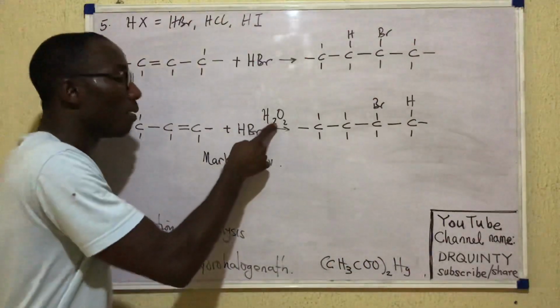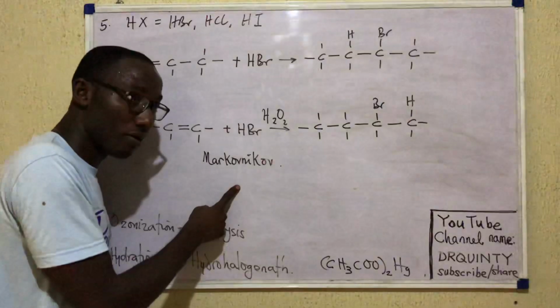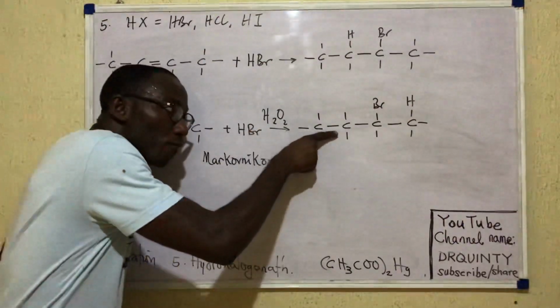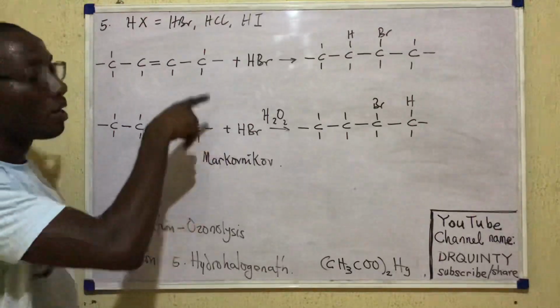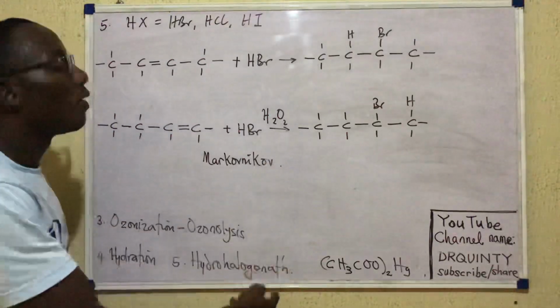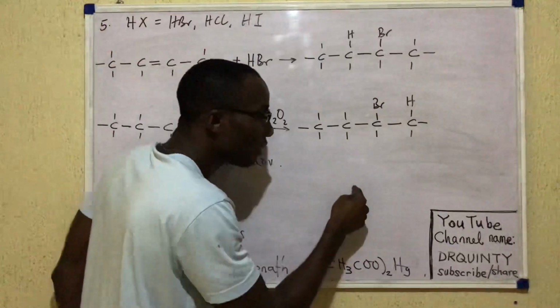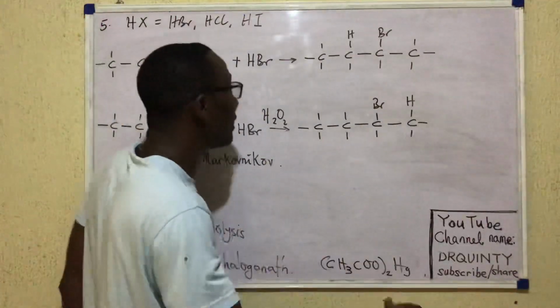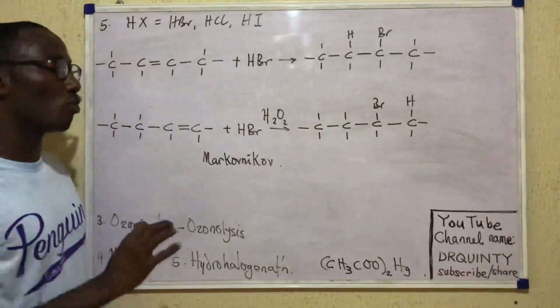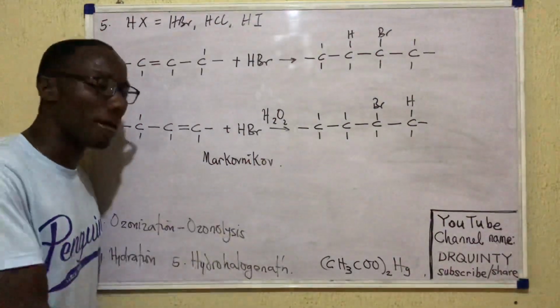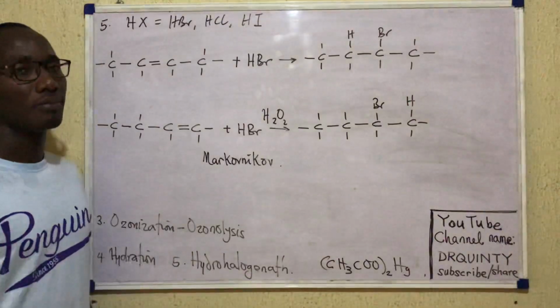But when peroxide is present, the Markovnikov product that was major in the absence of peroxide becomes minor, while the anti-Markovnikov product that was minor becomes major. So peroxide is able to make a major product minor and a minor product major.